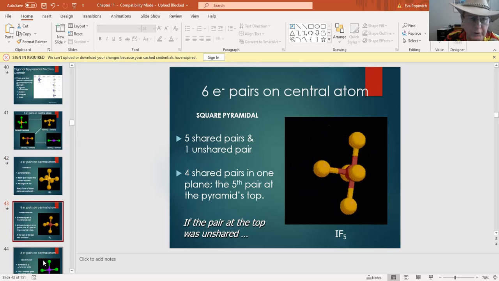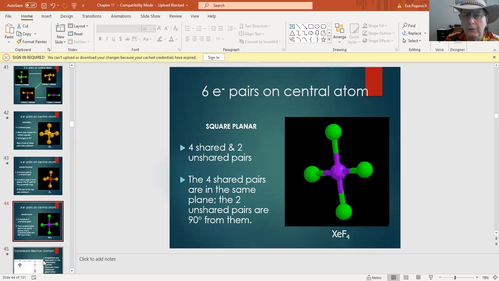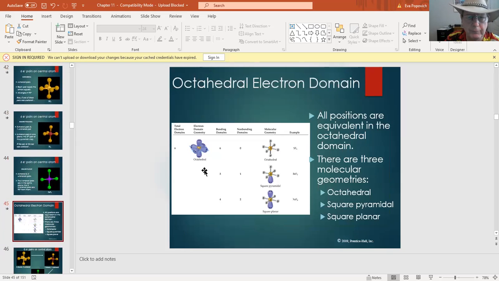I take another one away. I make a square planar. So the octahedron: if I have 6 electron clouds, no lone pairs, octahedron. If I have 6 domains, octahedron.